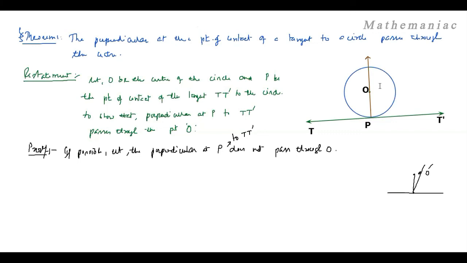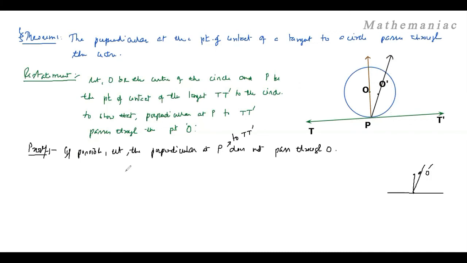If it is not passing through O, then there will definitely be a point O dash, right? Through which this perpendicular will pass. So we will mark that point, right? And then we say that this is the perpendicular. See, it looks absurd, but we are going to do the things by contradiction.